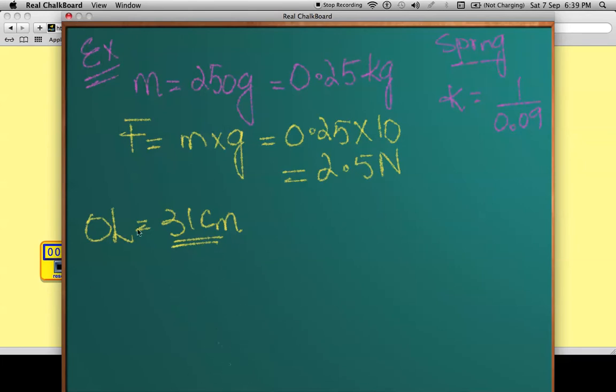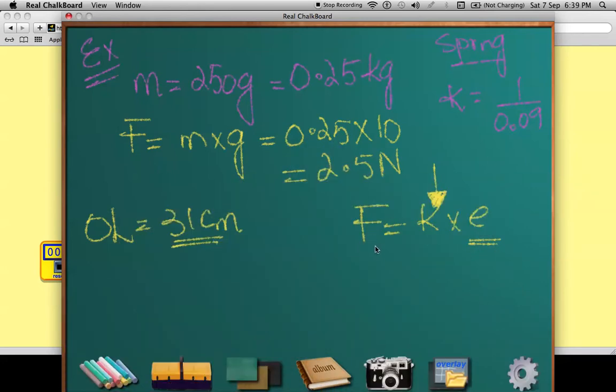If I know the stiffness of the spring, the formula is F equals K times E. I know K because I've calculated it, and it does not change. It will be constant for a spring. So let's find out the extension if I attach this mass.